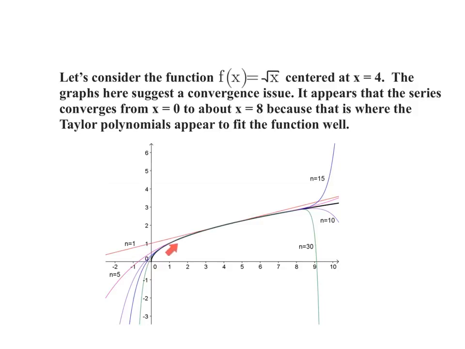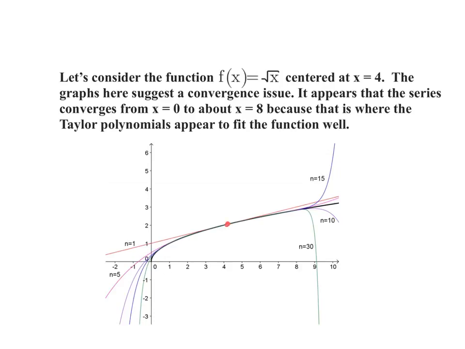All right, so if we look at this graph right here, the black graph is the function square root of x, and then we have the red line right here. That is our first degree Taylor polynomial, which is simply a tangent line, and it is tangent to square root of x at the center, which is 4 right here.